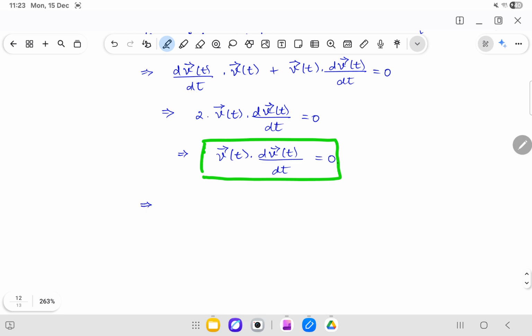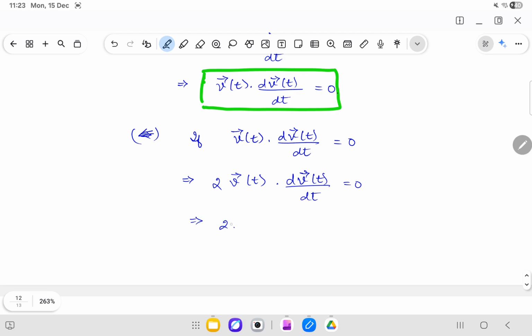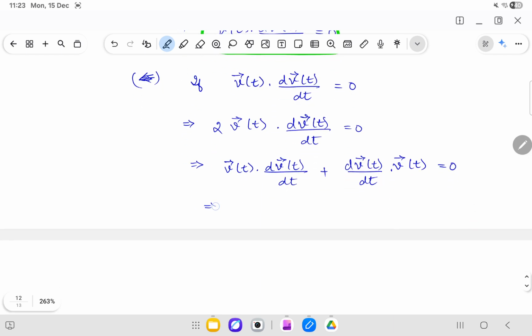So from here, the converse part: if v(t) dot dv(t) by dt is equal to 0, then twice of this term will also be 0, and it can be written as v(t) dot dv(t) by dt plus dv(t) by dt dot v(t) equals 0, and it can be written as the derivative of v(t) dot v(t) with respect to t.